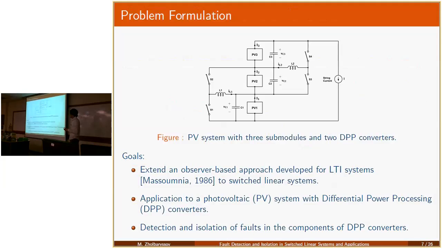In our work, we extend one of those approaches developed for LTI systems to switched linear systems, to which most power electronic systems belong. For practical application, we will apply our approach to a photovoltaic system with differential power processing converters. Our goal is to detect and isolate faults in the components of DPP converters.